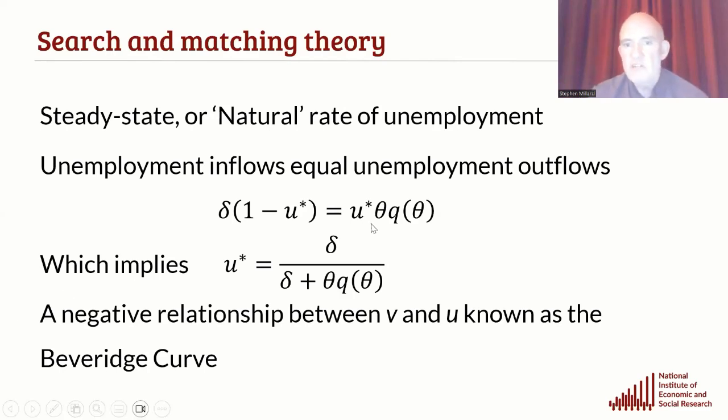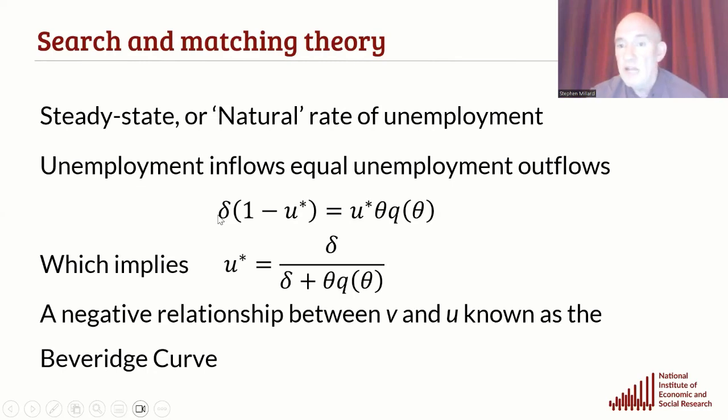So u star times theta q of theta, again, this is the probability that an unemployed worker finds a job. Multiply that by the number of unemployed workers, and that's the unemployment outflow. I'm just normalizing the labor force to 1. So 1 minus the number of unemployed workers is going to be employment.